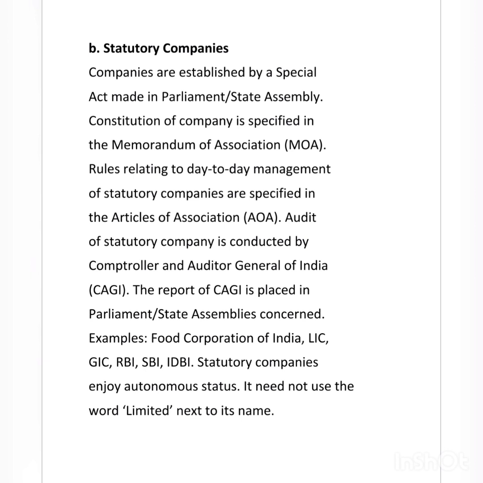So, the report is placed in Parliament or state assemblies concerned. Examples: Food Corporation of India, LIC, GIC, RBI, SBI, IDBI, Railways, Electricity, ONGC, etc. So, statutory companies enjoy autonomous status. It need not use the word limited next to its name.